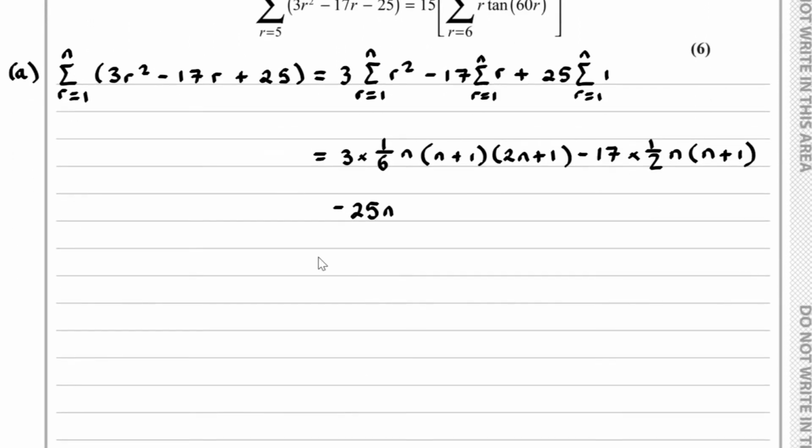So 3 times a sixth is a half, so I've got a half times by n times by n plus 1 times 2n plus 1, and then I subtract, well, here I've got 17 over 2 times by n times by n plus 1, and then I have minus 25n.